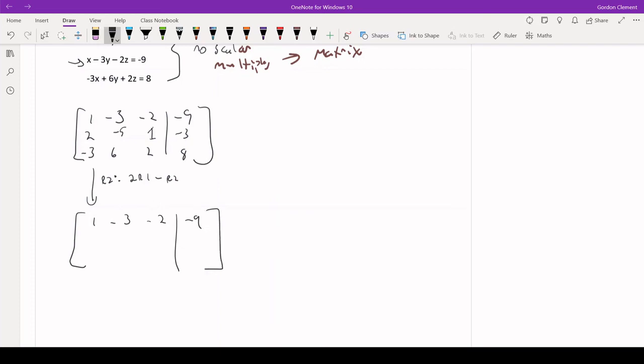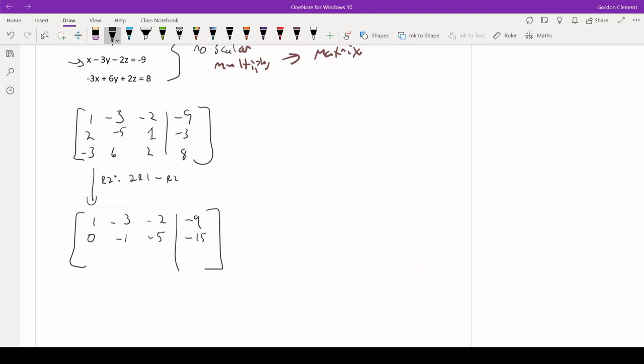Then I'm going to do 2 times row 1, which is 2, subtract row 2, which is 0. 2 times row 1, which is -6, subtract -5 is -1. 2 times row 1 is -4, subtract 1 more, -5. 2 times row 1, -18, subtract -3, -15.